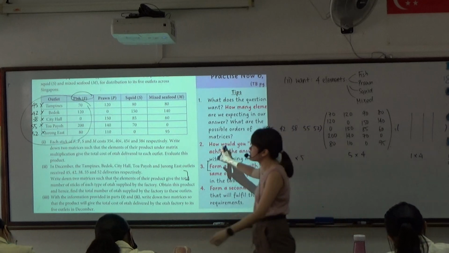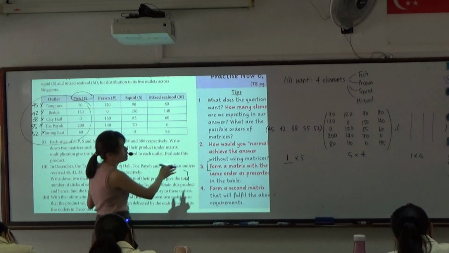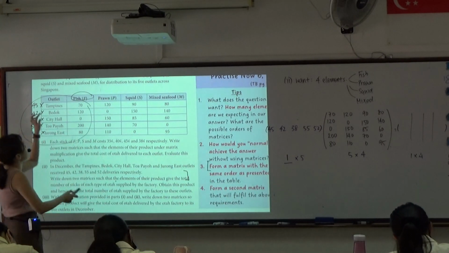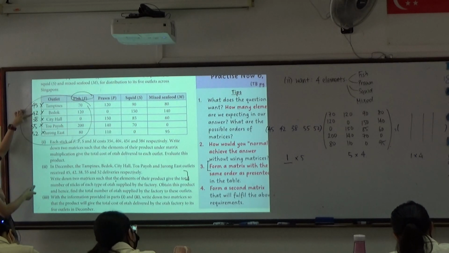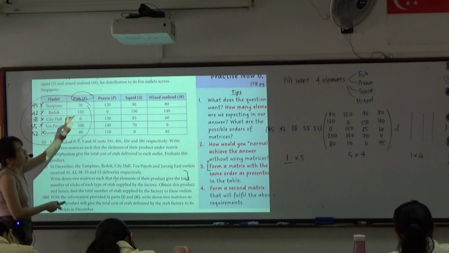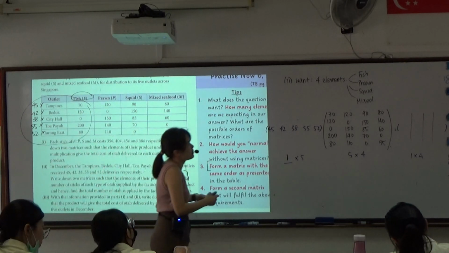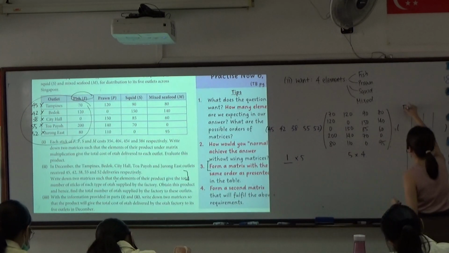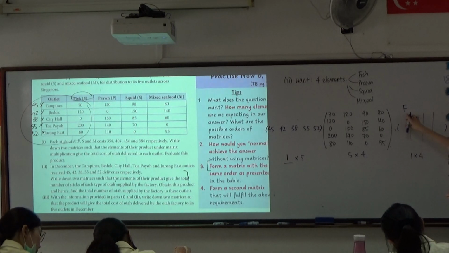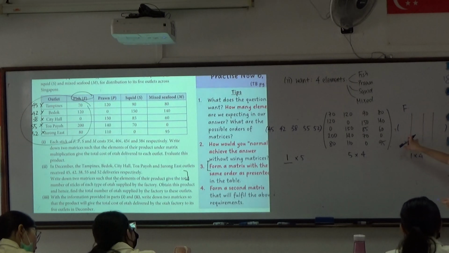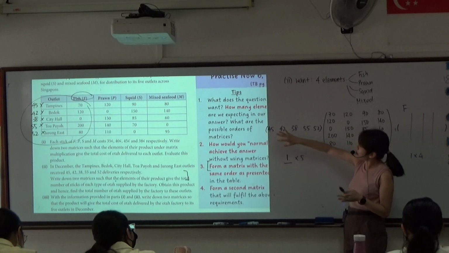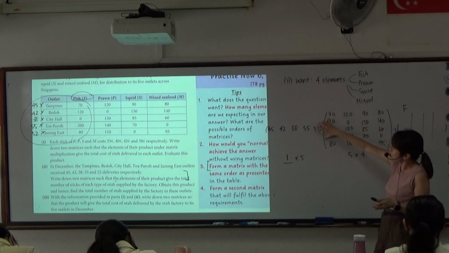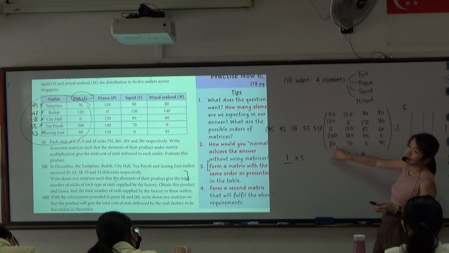Does it fulfill this normal arithmetic working that we're going to do? We said that we wanted 45 times 70 plus 42 times 120 in order to get the number of fish quota being delivered. So if this is supposed to give me the number of fish quota being delivered in December, I'm expecting my multiplication such that I take this row, multiply with this column, right?